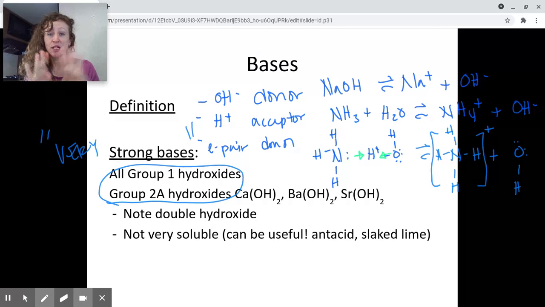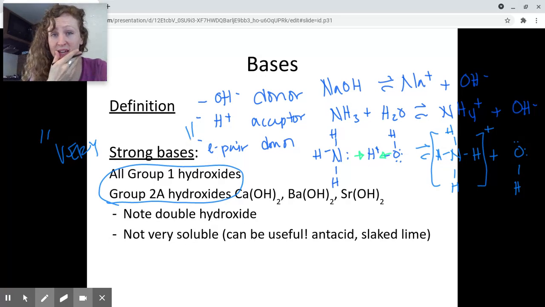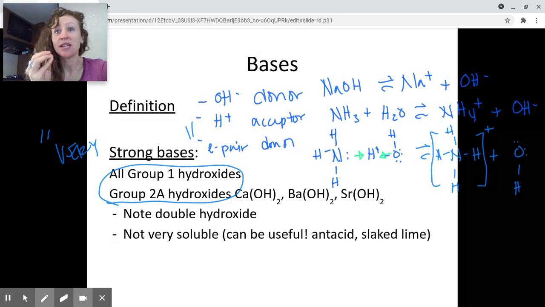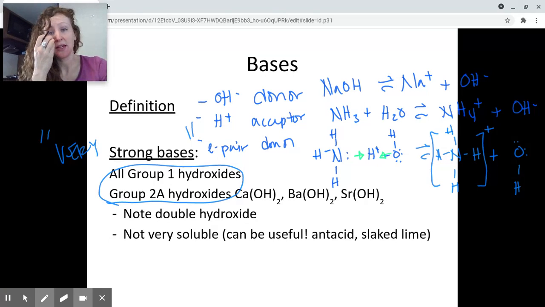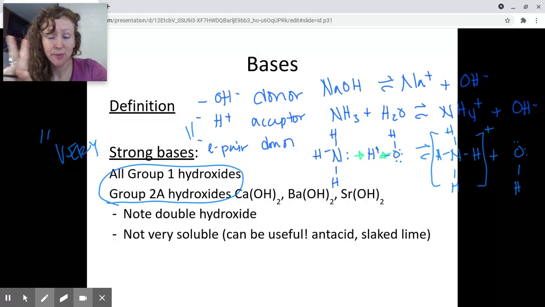Neither one of those is going to be a very strong base. Again, the definition of a strong base is the same as the definition of a strong acid. It's going to dissociate completely and saturate the solution with ions, especially that hydroxide ion, right? And there's not going to be very much reactant left.